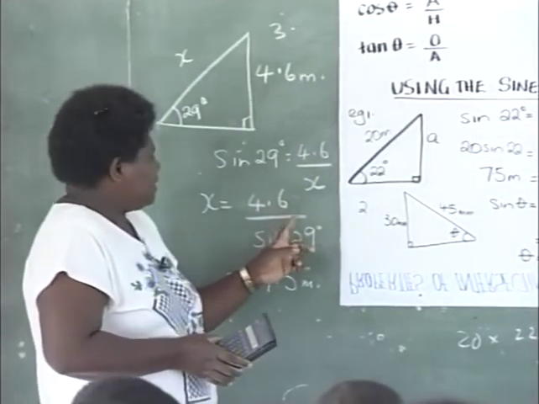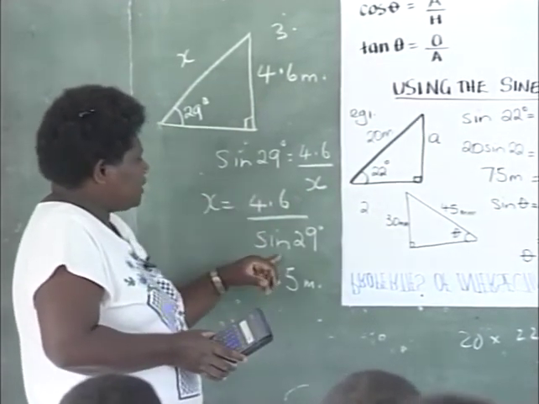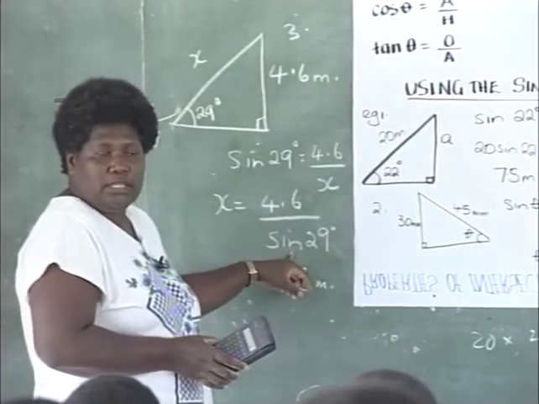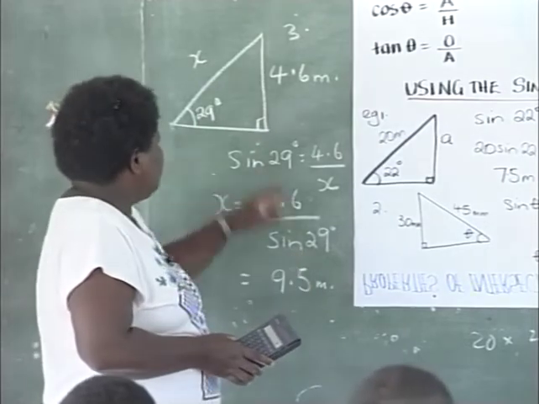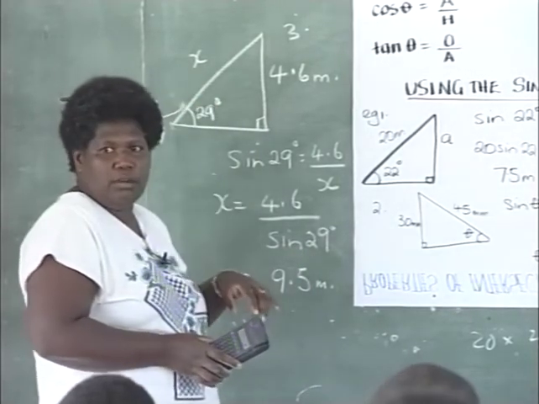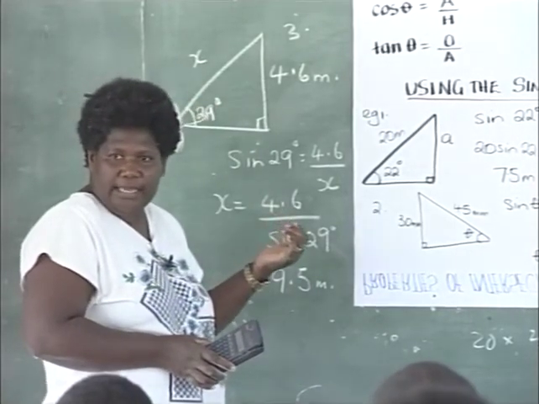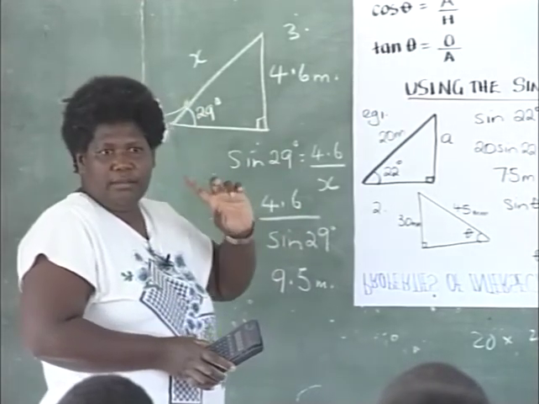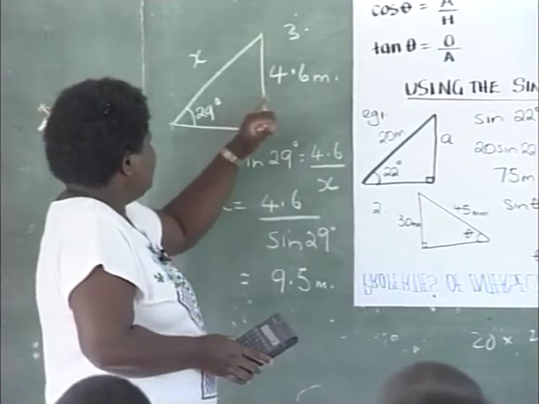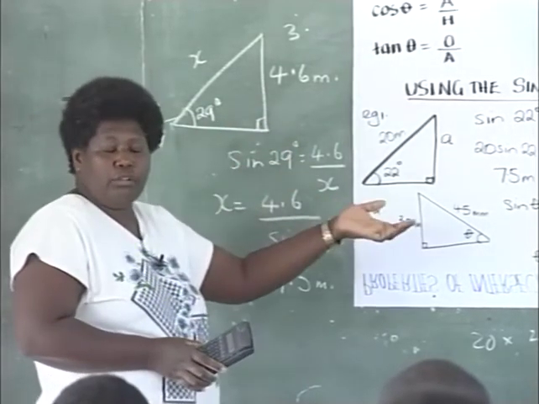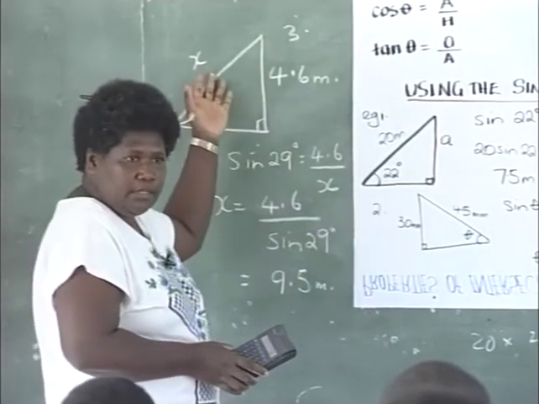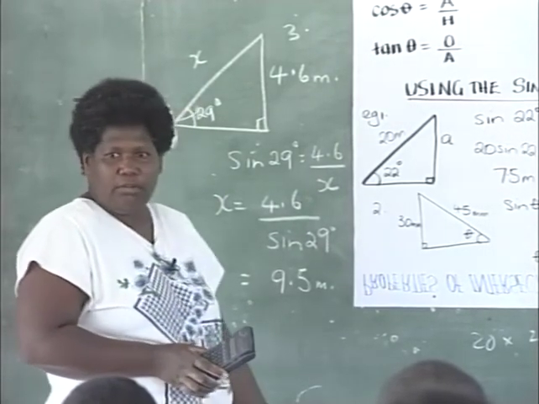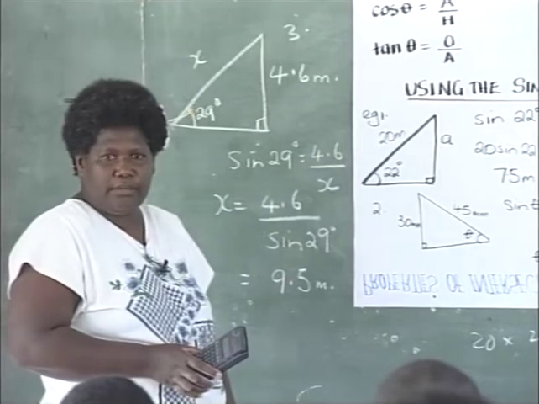Okay, this one is x equals 4.6 divided by sine 29. You only do this if the hypotenuse is not known. That's when you will divide. I'm talking about using the sine ratio here. If the hypotenuse is known and the other side is not known, you will multiply. If the hypotenuse is not known, that's when you divide, because I found out that some students still don't know when they should multiply and when they should divide.